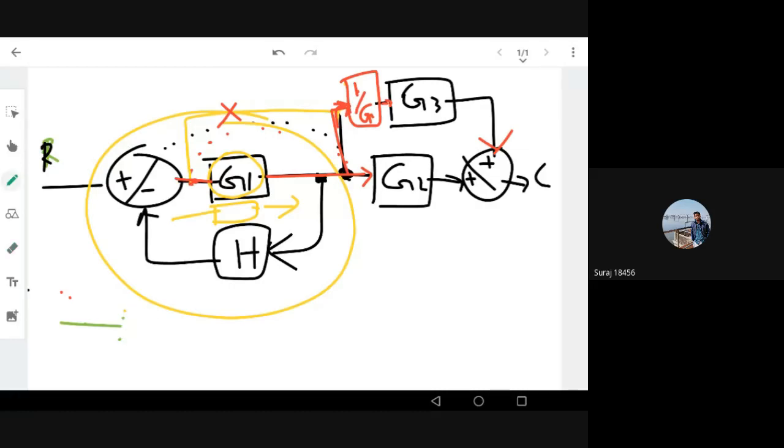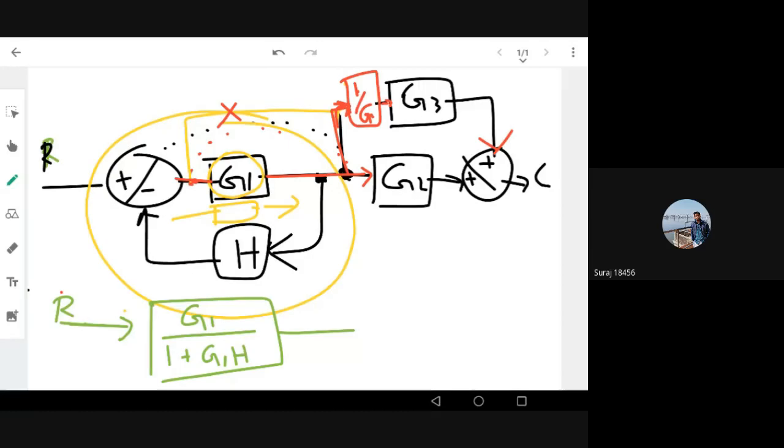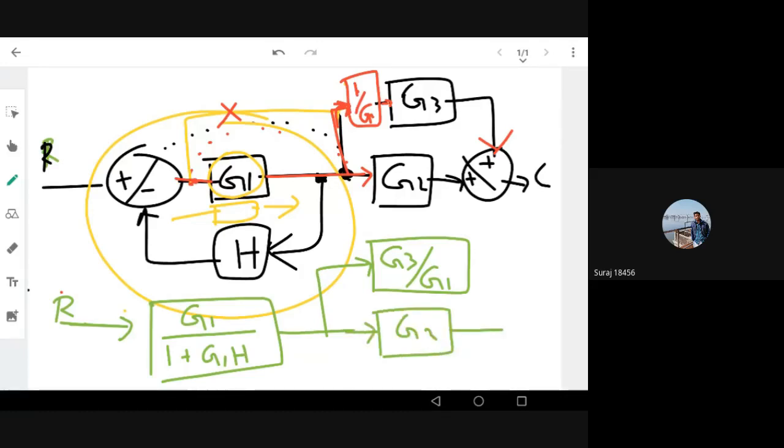You can directly write that R is coming into a transfer function G1 divided by 1 plus G1H, right? This is just simplified. R is the input. Now we can see that the top transfer function will be G3 divided by G1, a single block, and the bottom is G2 similarly. Again, both are added together, plus and plus, and the output is C.